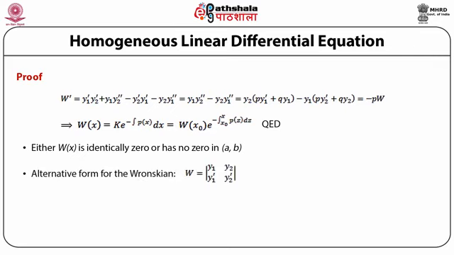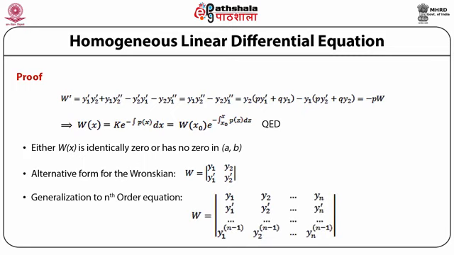The Wronskian is usually written in the alternative form of a determinant. The Wronskian can be written as the determinant with the first row as y1, y2 and the next row as y1 prime, y2 prime. In this form, the Wronskian for a set of n functions of a real or complex variable is defined as the determinant where the first row is given by the elements y1, y2 and so on till yn.